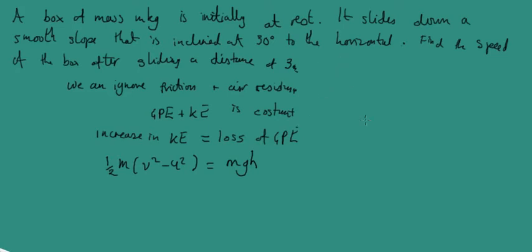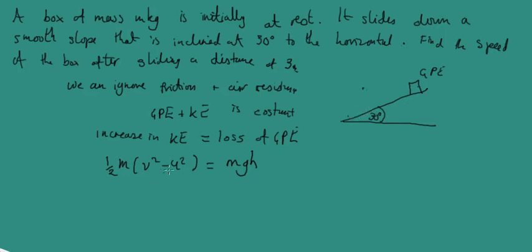If you think about our slope here, and this is 30 degrees, our box up here has no kinetic energy, but it's got gravitational potential energy. But down the bottom, it's lost the gravitational potential energy that it had here.